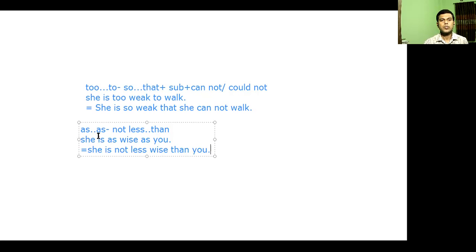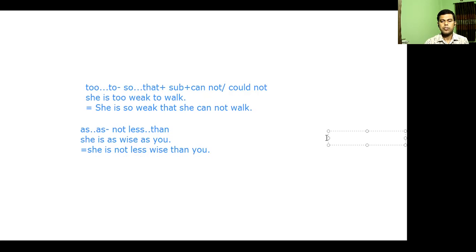I have used "not less" instead of the first "as," and I have replaced the second "as" with "than," and the rest of the words will be used in the same form. Have you got it? Yes.